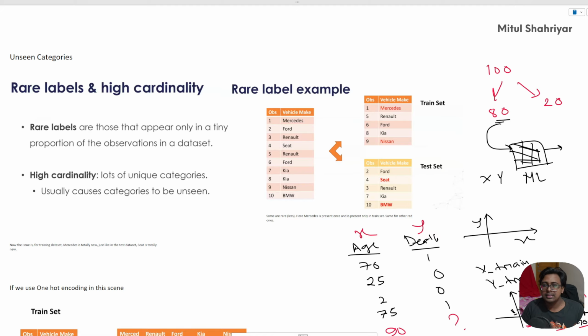This is what we basically learn with ML models. That's why we have x data and y data. When we pass this x and y, the model learns from the data. It tries to understand why this data behaves like this. So what we do is, this 80 has x train and y train, and this 20 has x test and y test, obviously testing data.